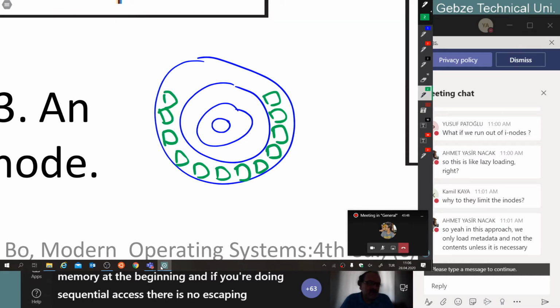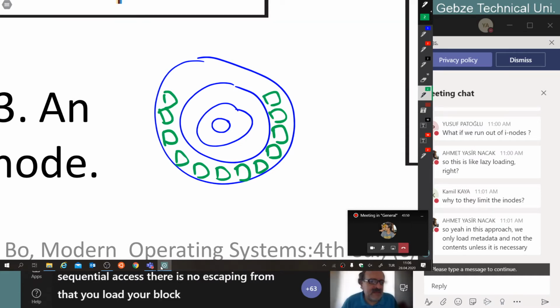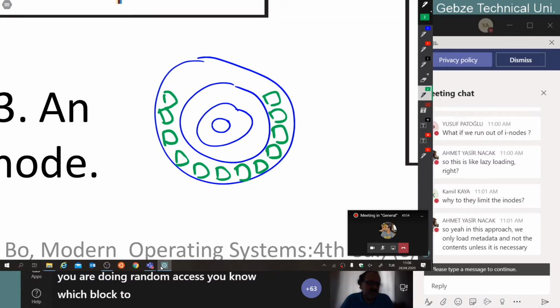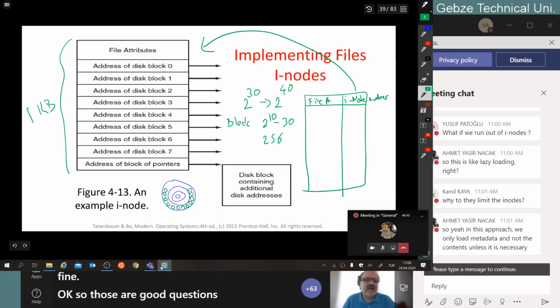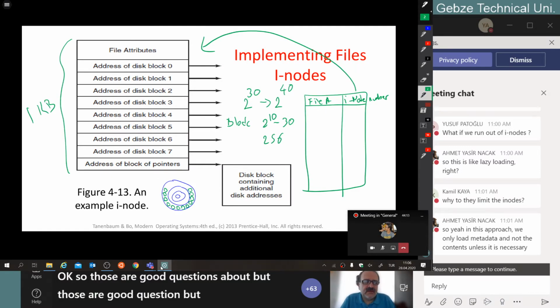You load your blocks one by one. But if you are doing random access, you know which block to load without loading any other blocks. And if you are appending or inserting blocks, then you should be fine. Those are good questions, and this is a very important concept actually. Unix people have been using this for a very long time.